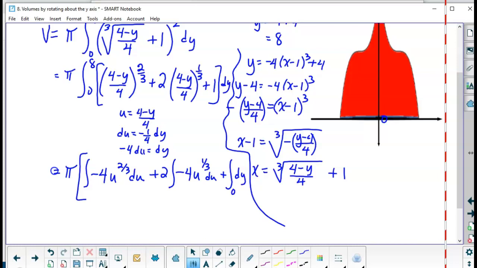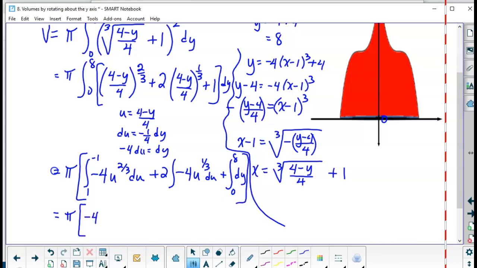So that would still be 0 to 8. For my u's here, when y is 0, this will end up being 1. When y is 8, this will end up being negative 1. Okay, so now, got to close the brackets on that. And so now we'll integrate this.